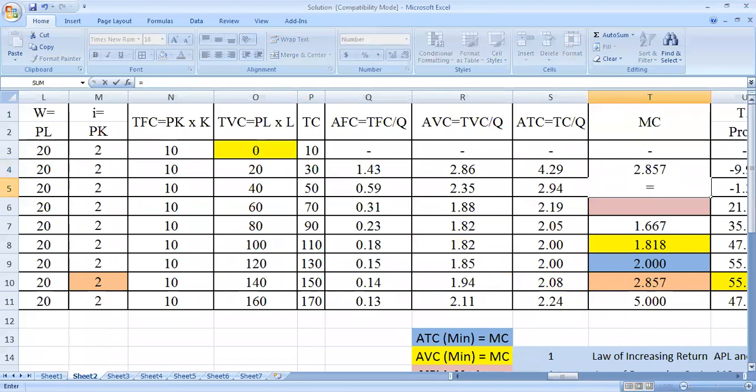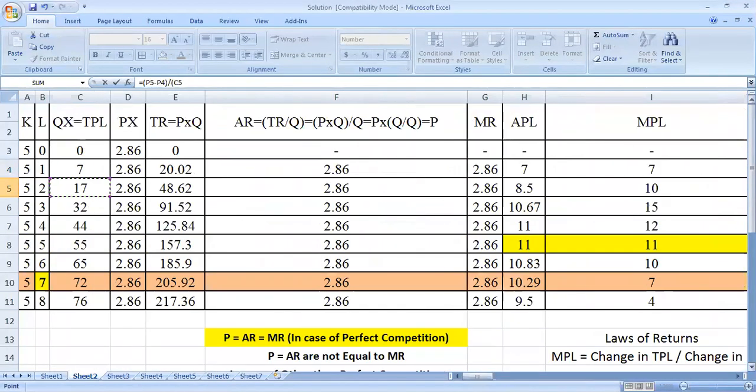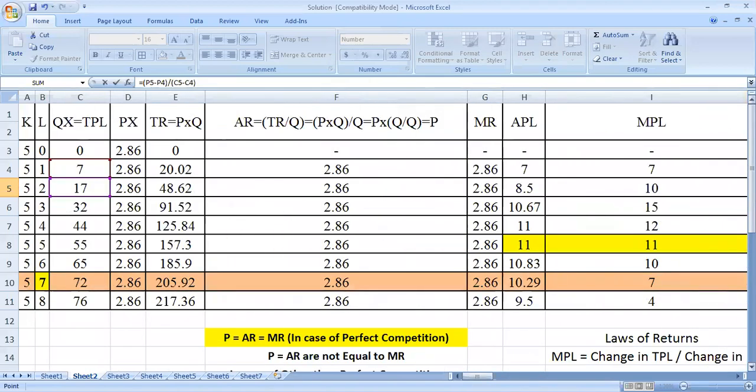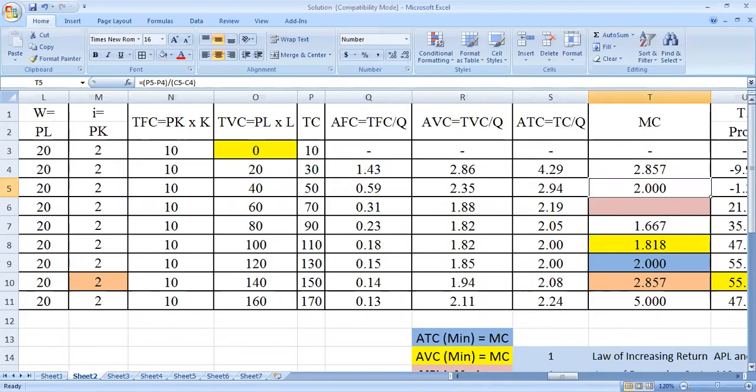Now at the second cell, change in total cost is 50 minus 30, which is again 20, divided by 17 minus 7. The answer is 2. At the third cell, 70 minus 50 is again 20.